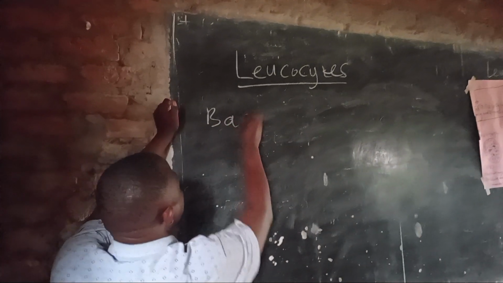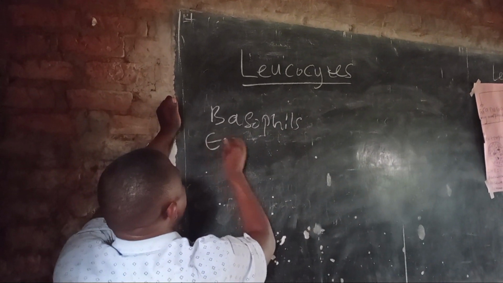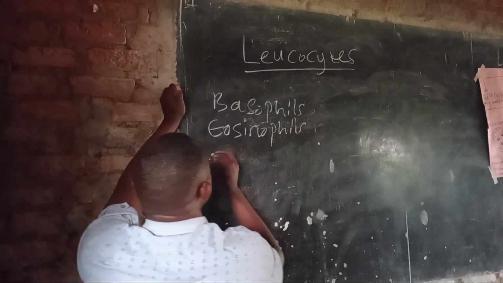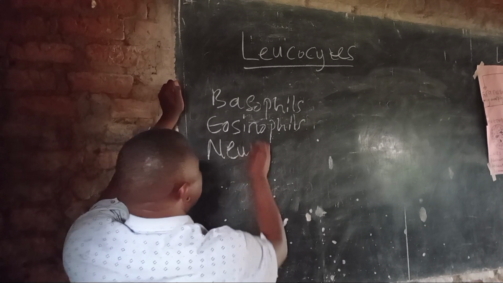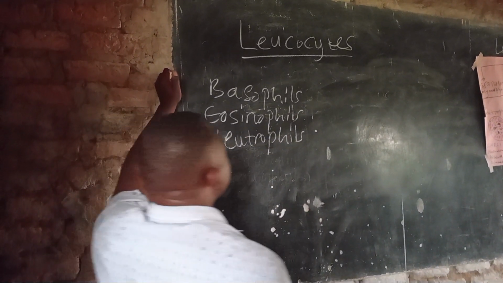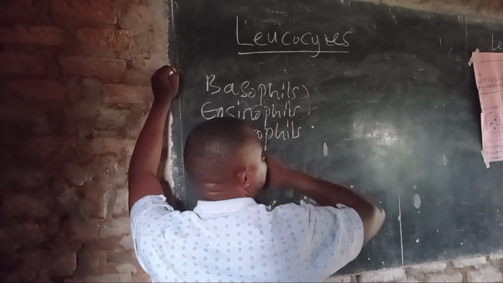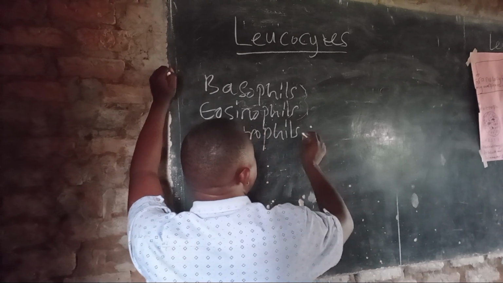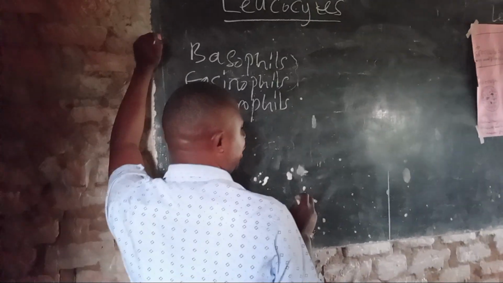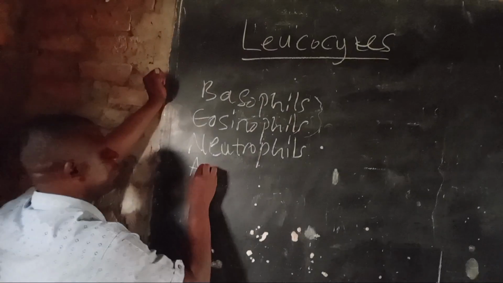Basophils, the eosinophils, and the neutrophils. Now these ones have the same characteristics right from the beginning. But for the granules of the neutrophils, we have the azurophilic granules, or the primary granules.